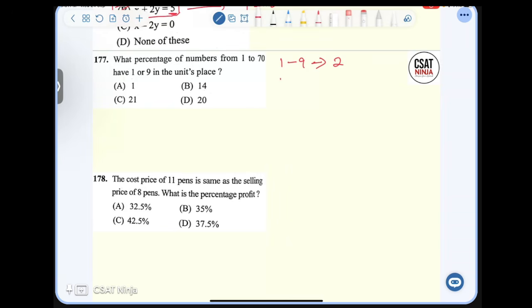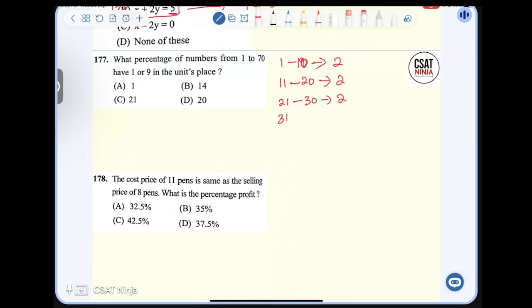What about 1 to 10, and 11 to 20? How many? There will be only 2 where your ones digit is either 1 or 9, which is 11 and 19. Same thing from 21 to 30, it will be 2, which is 21 and 29.